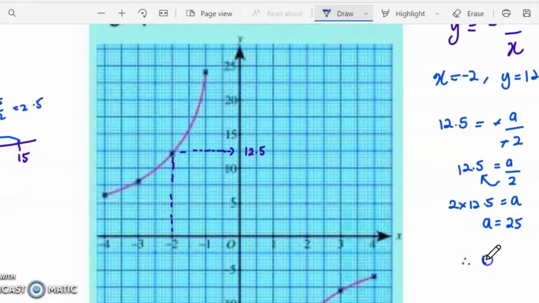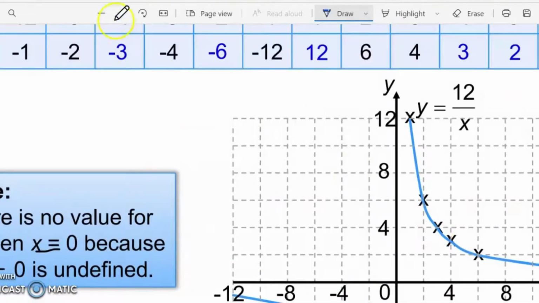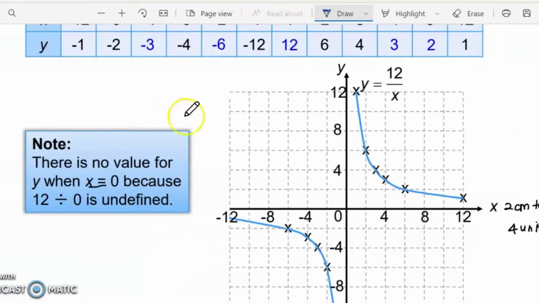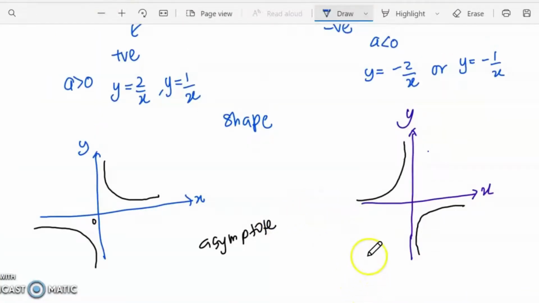So therefore, the graph will be y equal to negative 25 over x. Okay, so you can recheck with other points, for example, when x equal to negative 3, we get y equal to 7.5. Okay, so you know what the basic shape is for the reciprocal graph for positive and negative reciprocal.